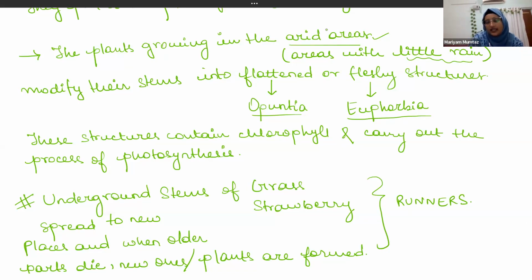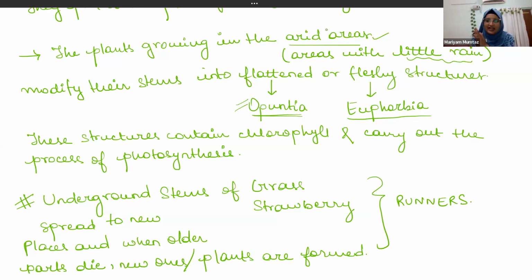Like in Opuntia, have you seen a cactus? In pictures also you must have seen, right? The scientific name of cactus is Opuntia. Have you seen how the cactus plant has spikes all over it, and it is a flattened structure?